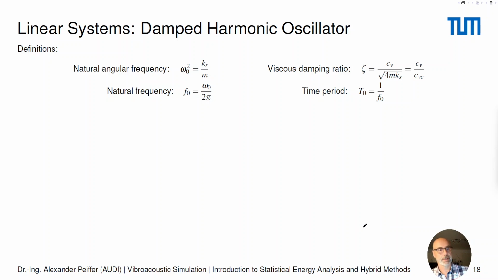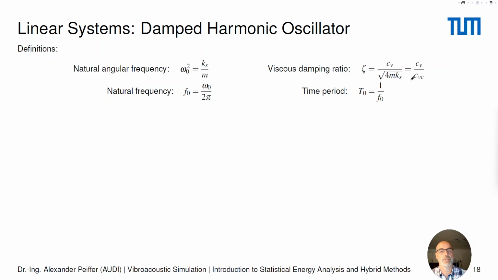In the next step, to clean up the equation a little bit, we will perform some definitions, starting with the natural angular frequency, which is the ratio of stiffness and mass. So this defines the squared angular frequency, the so-called resonance frequency. If this is converted into the normal frequency domain, we have to divide it by 2 pi, and this is the natural frequency.